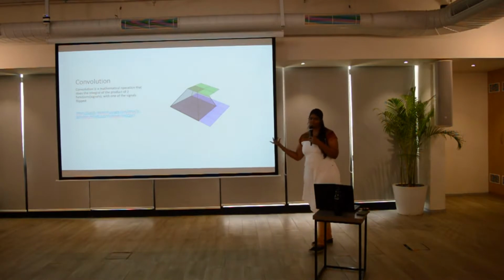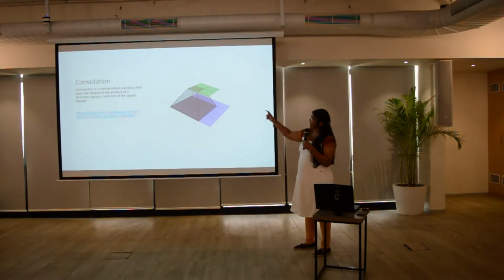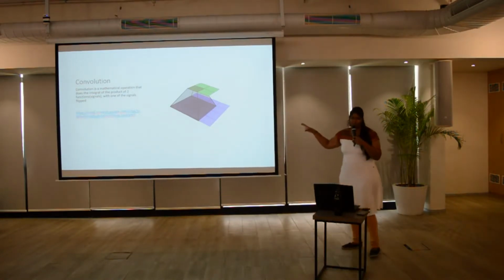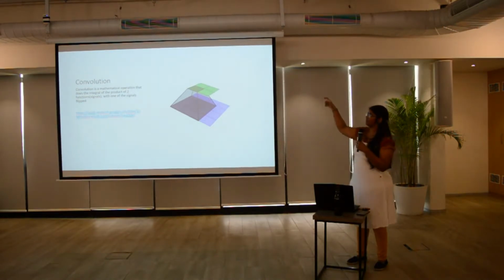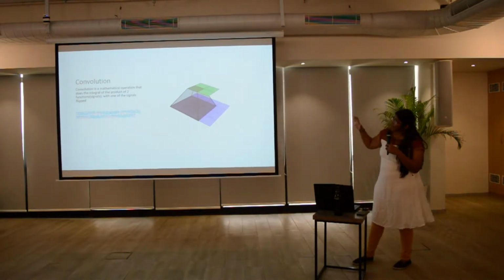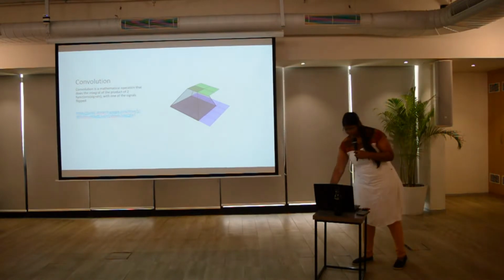So what happens is that it scans over your image, and then it gives you an output matrix. So that's a feature extractor matrix, and then you have your output matrix. You get the result, and with that result you apply more convolution layers.